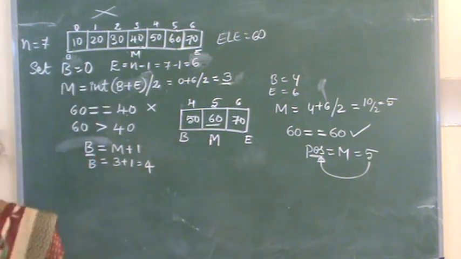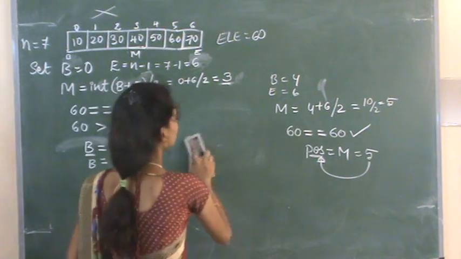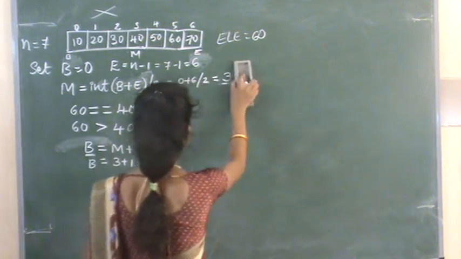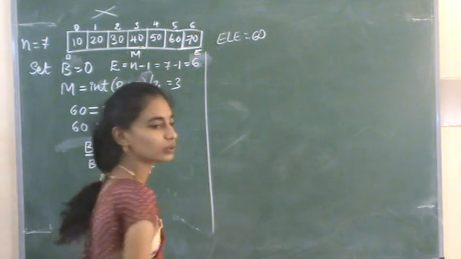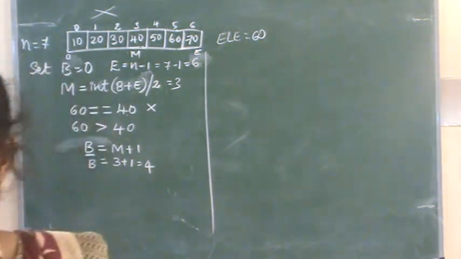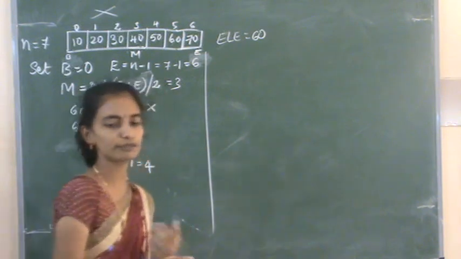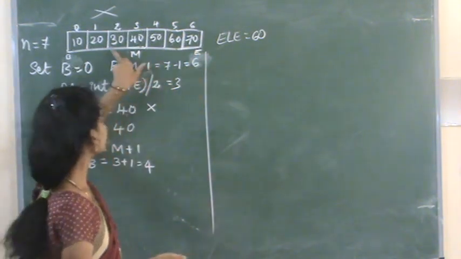So for this we will learn how to write the algorithm. Okay. So we know how to do it, right? So first we need to write some description for this algorithm, right? So we are taking a sorted array.